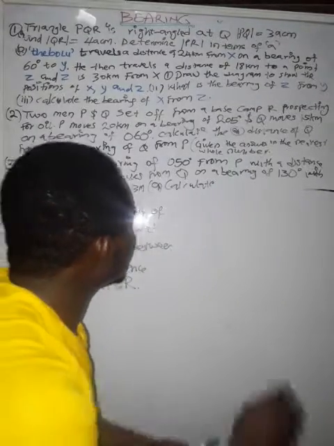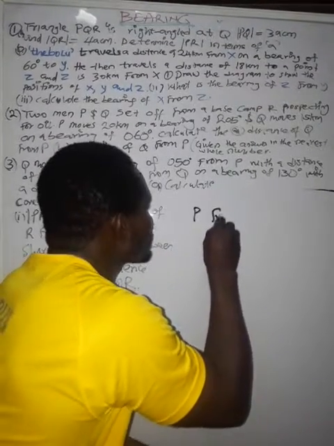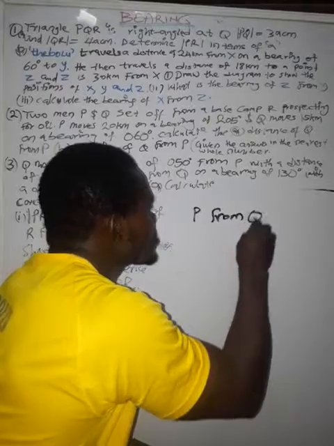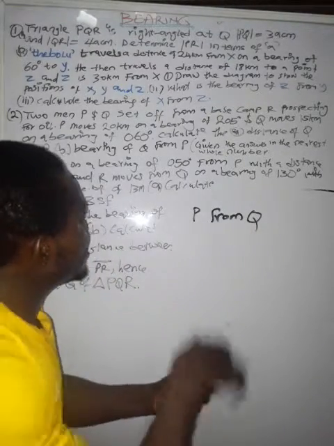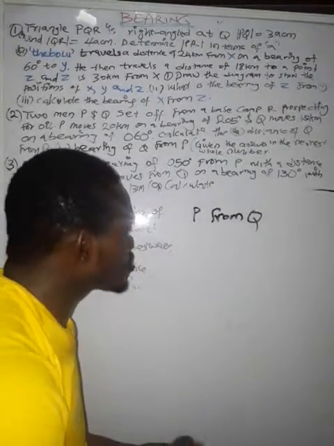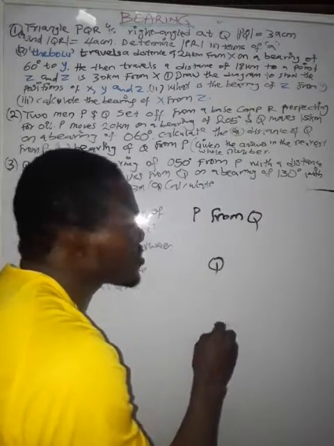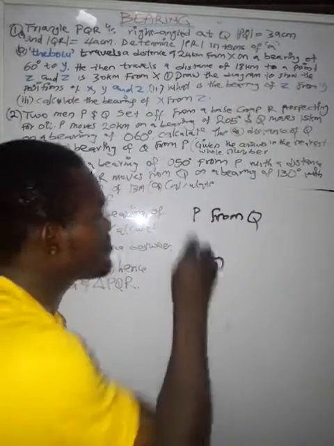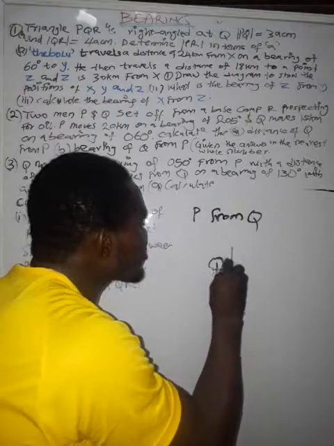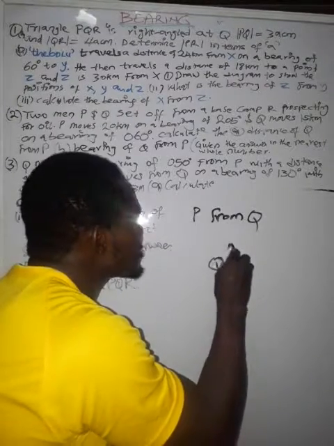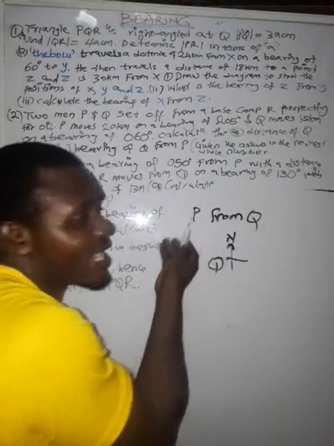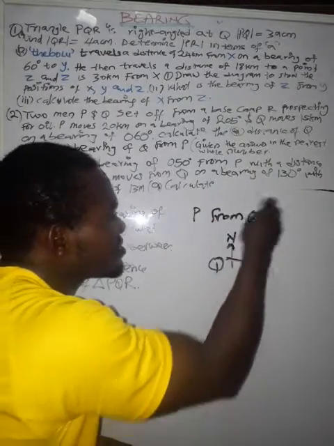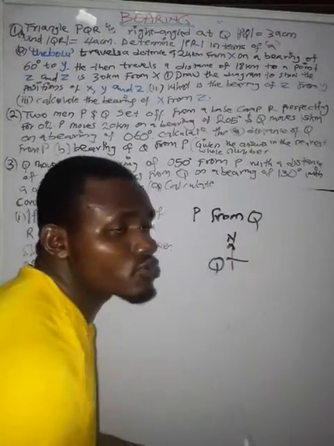Whenever you see, let's say, P from Q, the word is P is leaving Q. So your starting point is Q. Are you getting now? So whatever is the bearing or distance that P leaves Q with, you start to draw it.